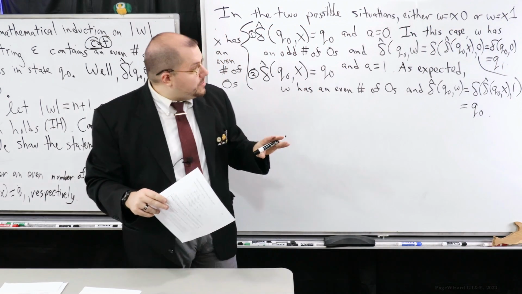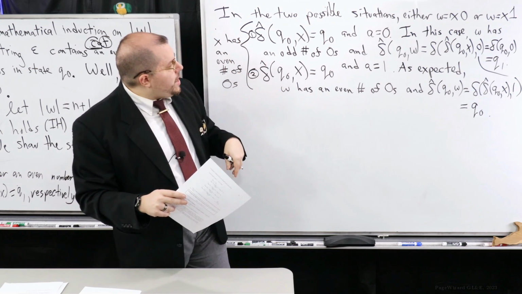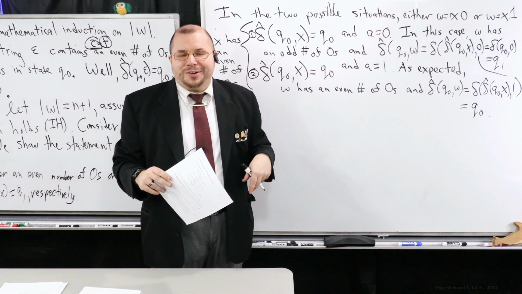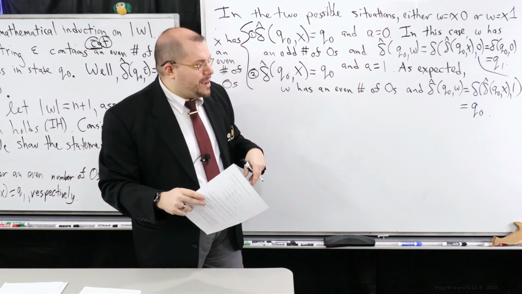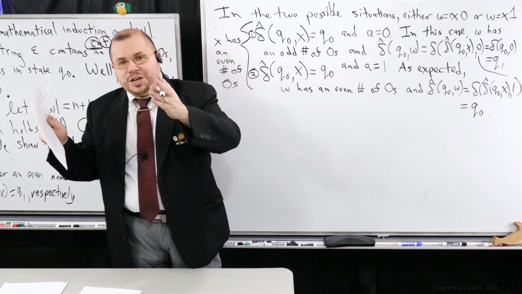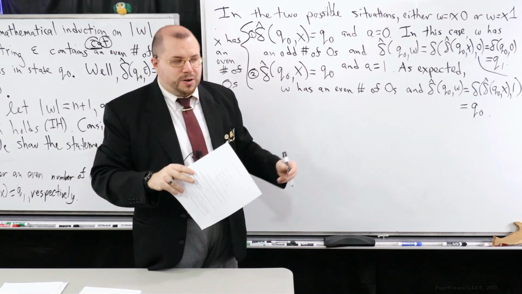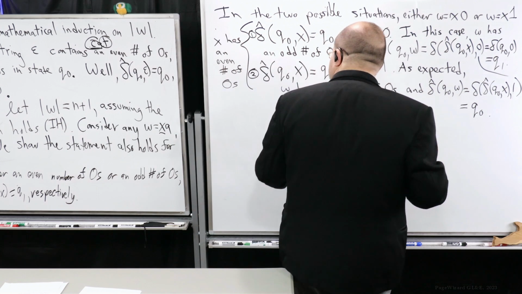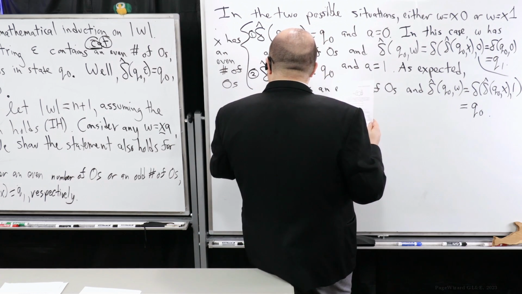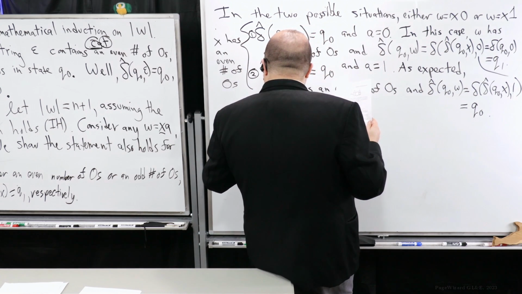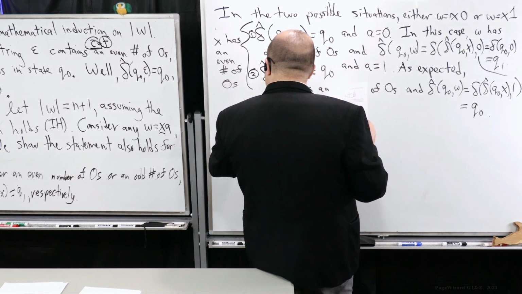So that covers any situation for which you're in Q0 already. Now we've got to talk about the cases for which you were in Q1, meaning that X had an odd number of zeros. So we're going to have 3 and then 4.